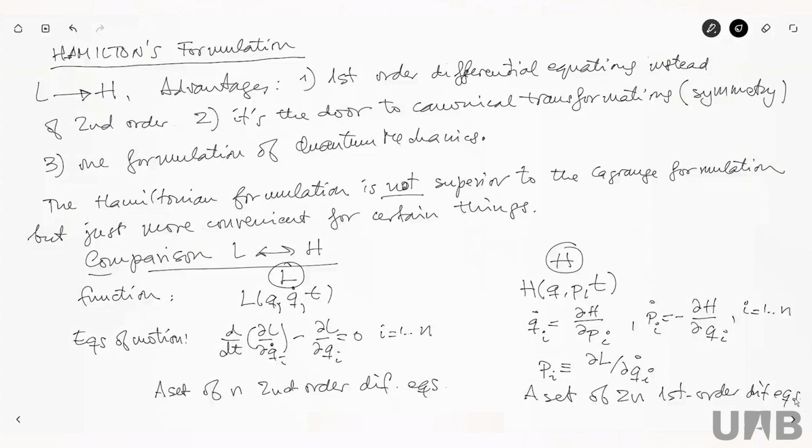Now, the space in which the solutions live is also different, at least in name, okay? For the Lagrangian formulation, we have the generalized coordinates, q1, q2, all the ones that you have, and here there is time.